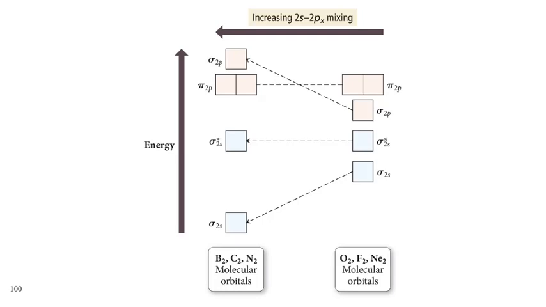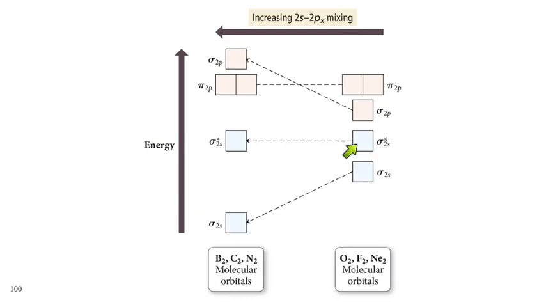And so what happens here is it has to do with s orbitals and p orbitals mixing together. So for these, the boron, the carbon, and the nitrogen, we've got increasing mixing of the s and the p orbitals, and that's why we get a switch in the order.